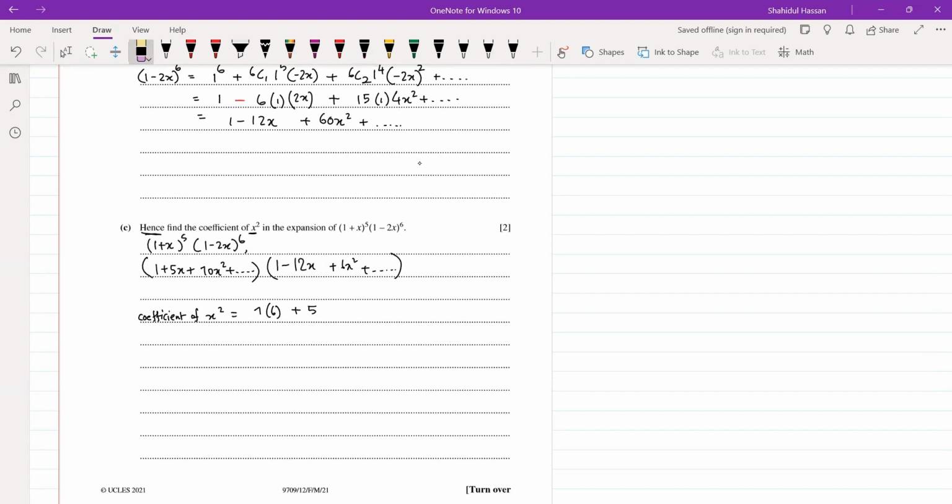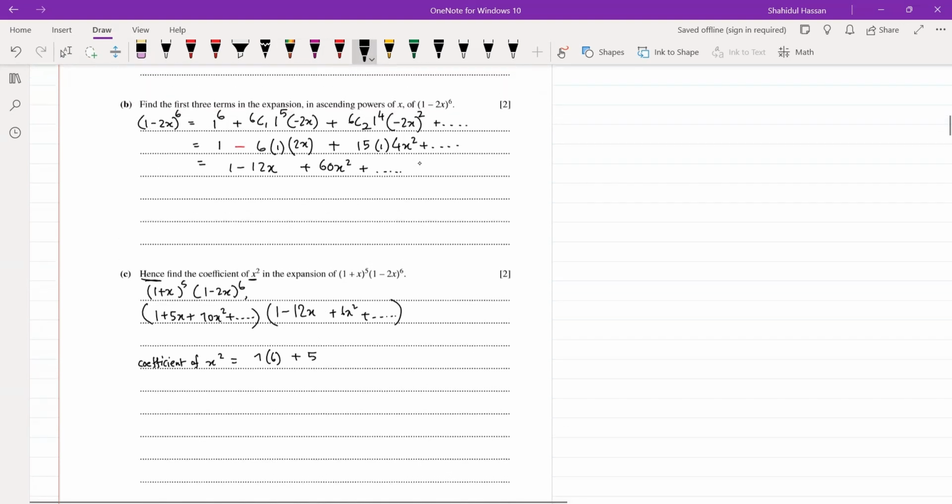Yes, it was 60x squared, very good, thank you very much. So this is 1 times 60x squared plus dot dot dot.